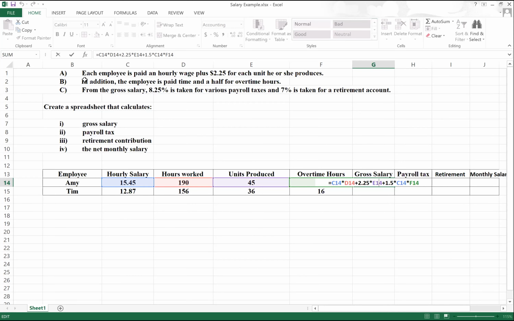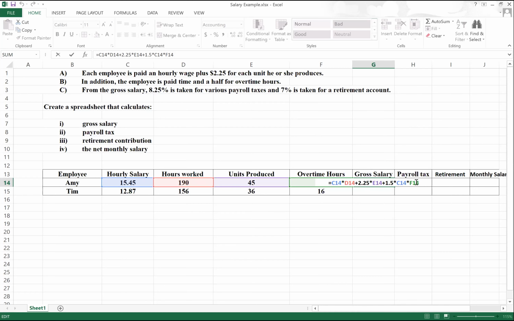It's from the information above. In addition, the employees are paid time and a half for overtime hours. Meaning, based on the hourly salary, as an employer, you need to pay 1.5 times as much. So 1.5 times, in this case, Amy's hourly salary of $15.45, multiplied by the overtime hours. Makes sense? Thank you.